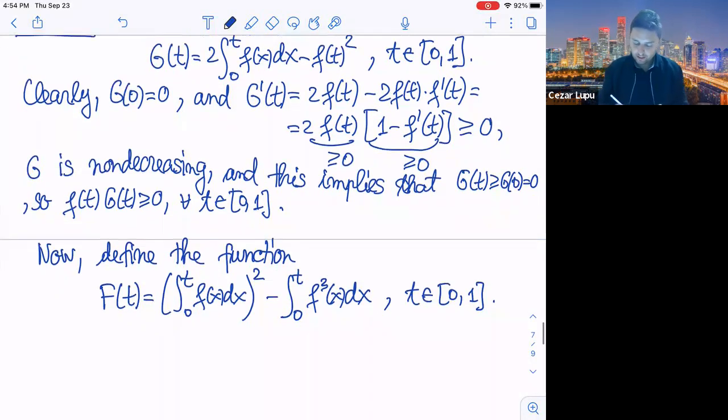First, let's make an observation. Again, f of 0 is 0. That's obvious.